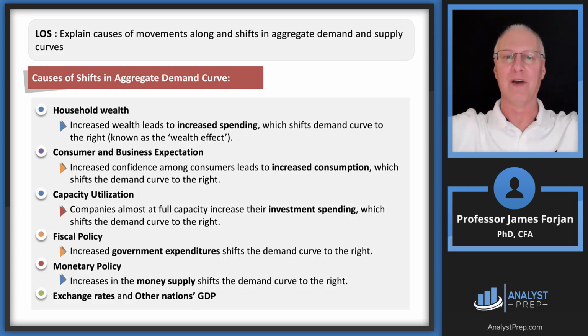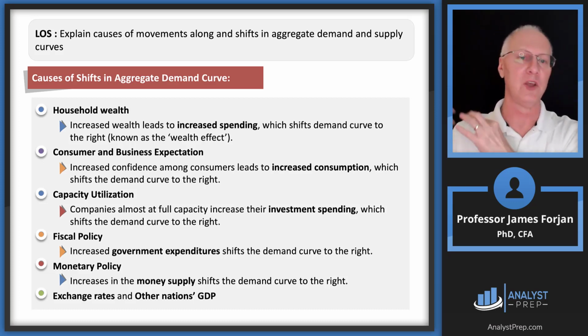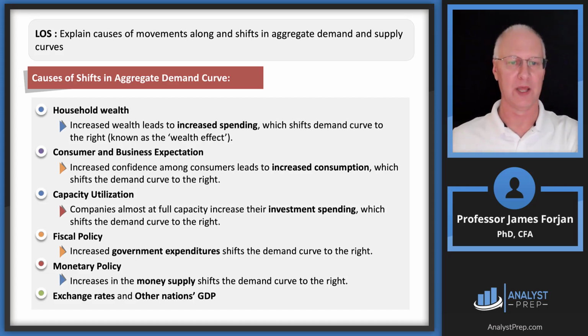So they're going to convert their foreign currency units into US dollars, and they're going to demand US dollars, taking US dollars out of the foreign exchange market. And so the US dollar is going to become stronger, and that's going to impact GDP here as well as GDP in other countries.